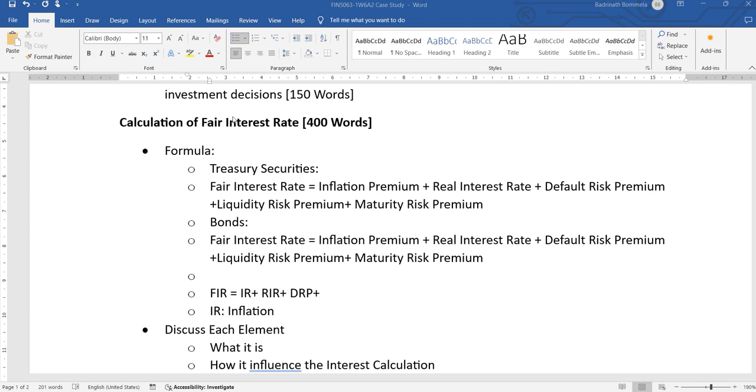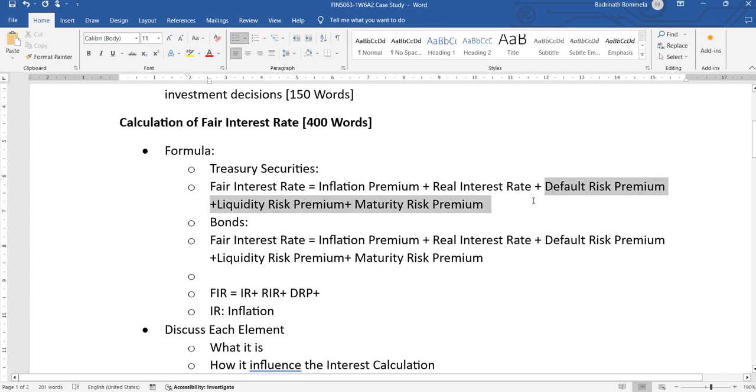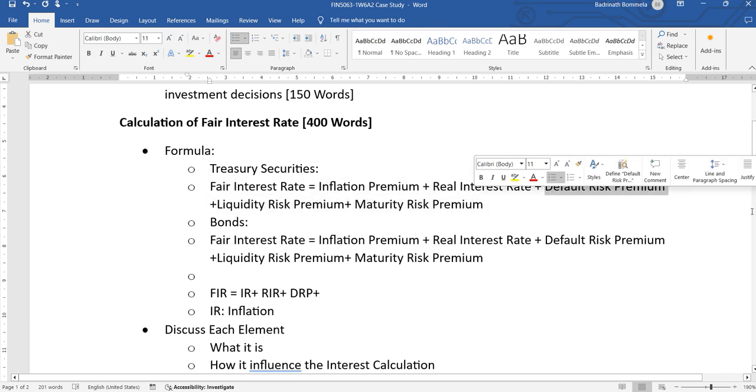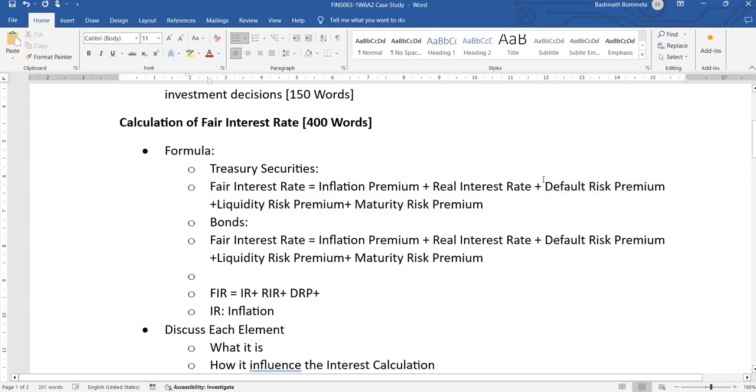For treasury securities, it is not necessary to include the default risk premium because for bonds that the government issues, there is no default risk premium.